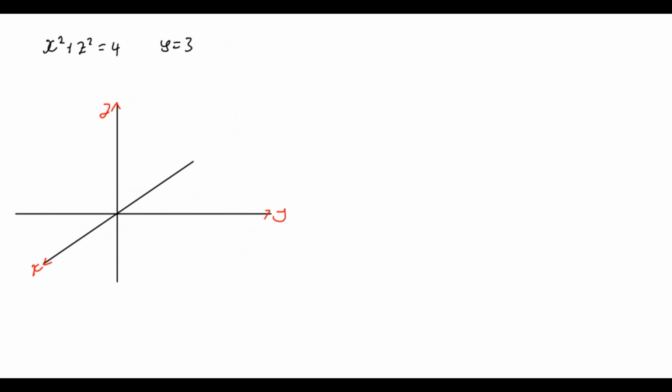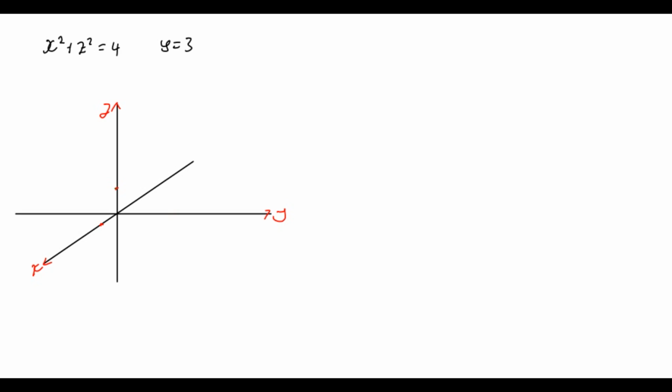Of course here we have a positive 2 on the x-axis, as well as a positive 2 on the z-axis, since I'm just focusing my attention on the first octant. Let me say this point here is y is equal to 3. Remember this was a cylinder, it was supposed to be extended.